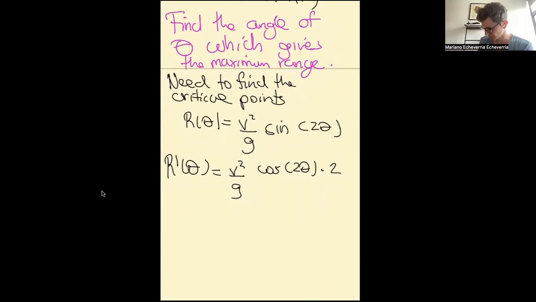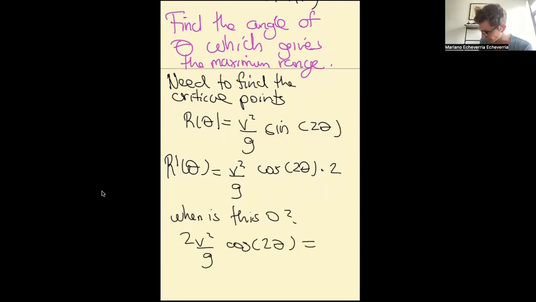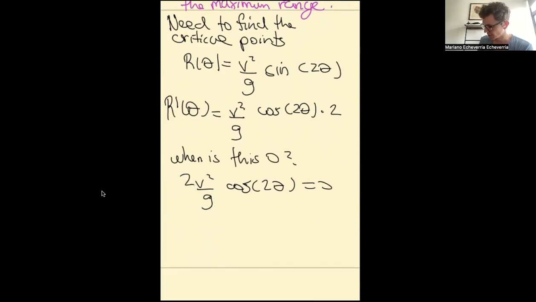When is this 0? So you need v squared over g times 2 cosine of 2 theta equals 0. Again, these are just positive numbers, so they're never 0. None of these are ever 0. So you actually need the cosine of 2 theta to be 0.